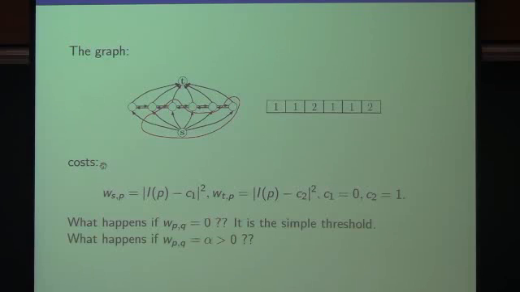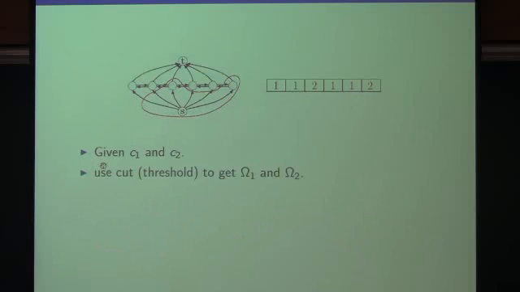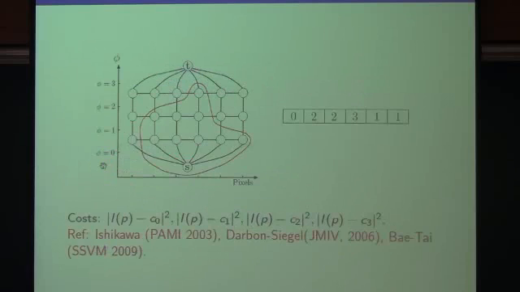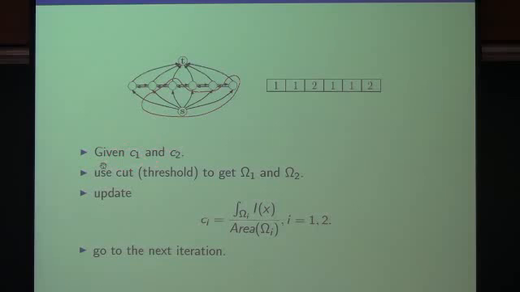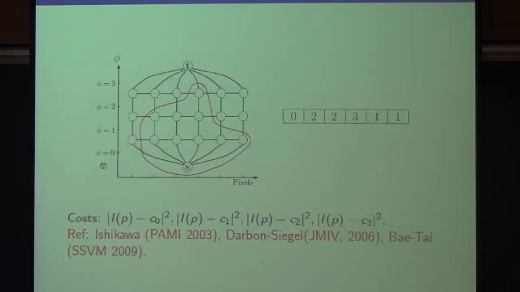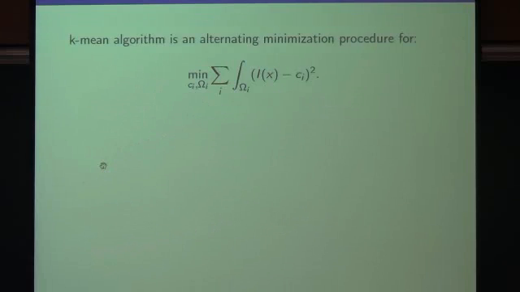However, if you allow flow in between the neighbors, this will not be a threshold. If you don't know the constants, you first guess a constant, and then get the regions. If you don't regularize, essentially you just do the threshold and then average the constants back. And we see that this is k-means, and this is a multi-phase case.